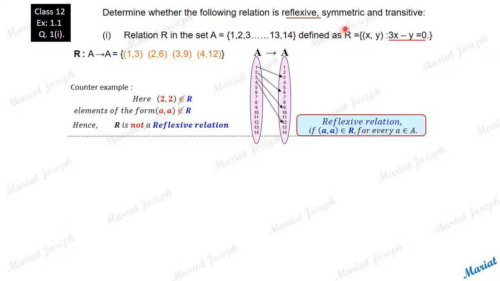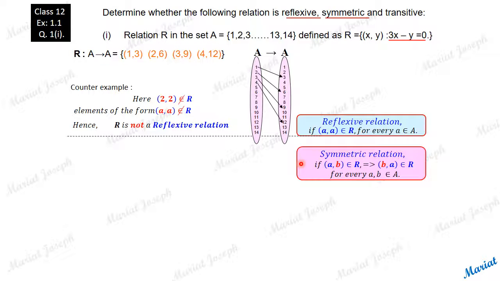Let's see whether it is a symmetric relation. What is a symmetric relation? A relation in set A is called a symmetric relation if the pair of the form (a, b), if it is present in the relation, implies that the pair (b, a) also belongs to the relation. For every a and b, whenever the pair (a, b) is there, the reverse pair (b, a) should also be there.